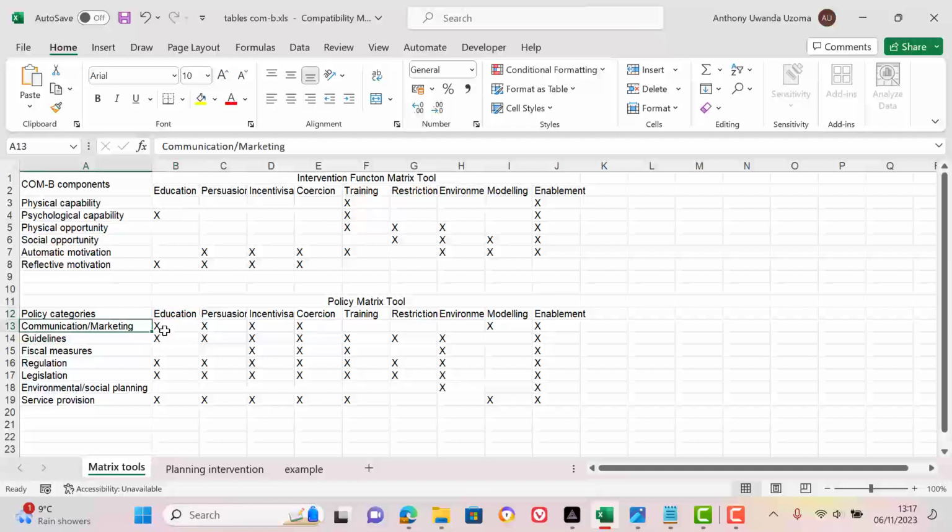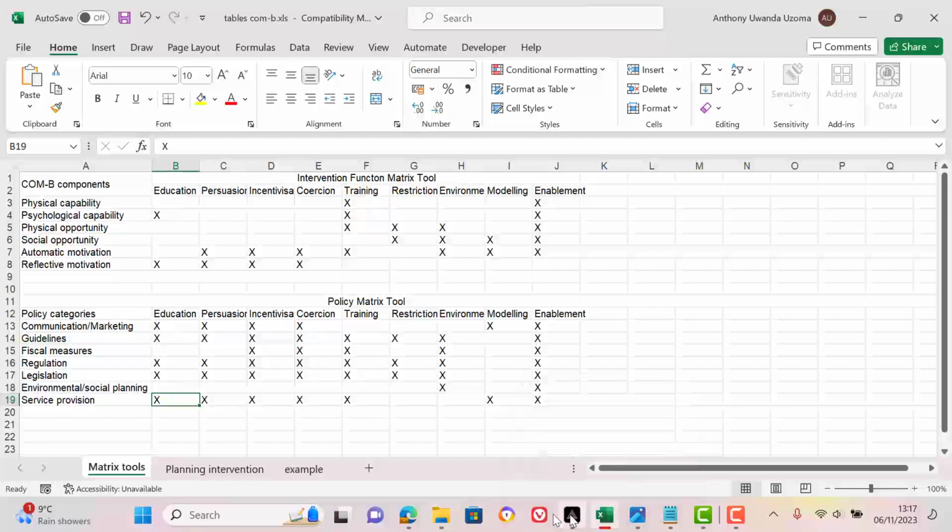You can see I can use communication or marketing, guidelines, regulation, legislation, and service provision. So among all these listed for education, which one do you think I can use? I know that I may be able to use communication and marketing, and then service provision. These two, based on the APEASE criteria that I showed you before.